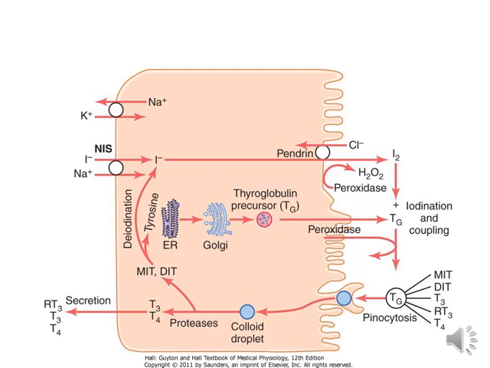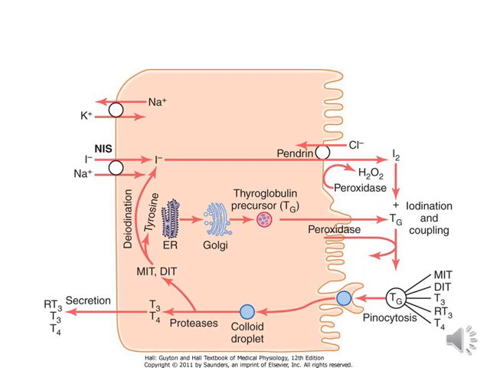After entering the cytoplasm of the follicular cell, the iodide must go inside the colloid, through the other side. For this, we have pendrin. Pendrin is an exchanger between chloride and iodide.